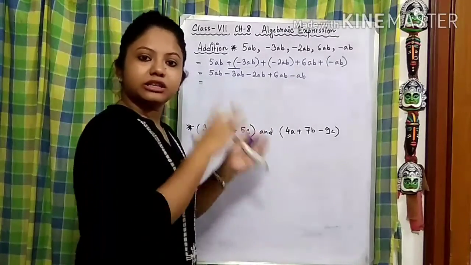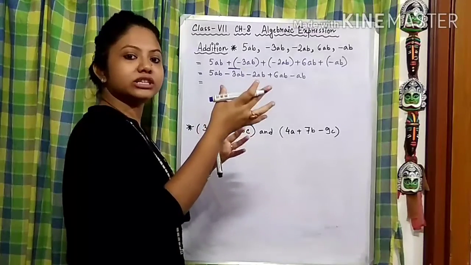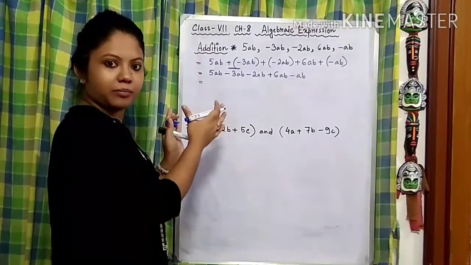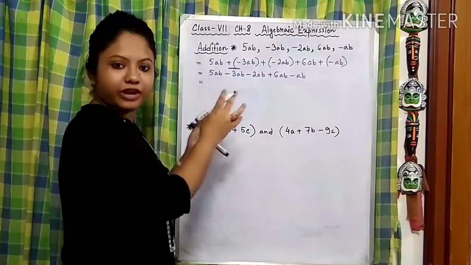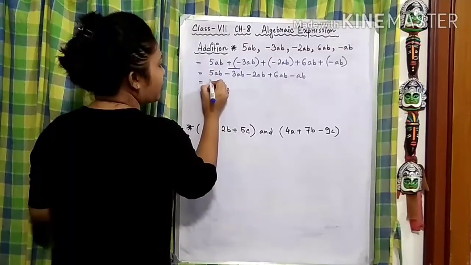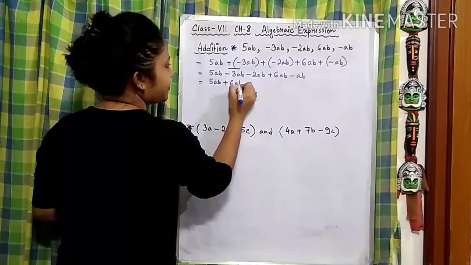You remember the integer operations, how we used to do them? We always used to take the similar sign numbers together, the positive terms together. So here what are the positive terms? 5ab plus 6ab.